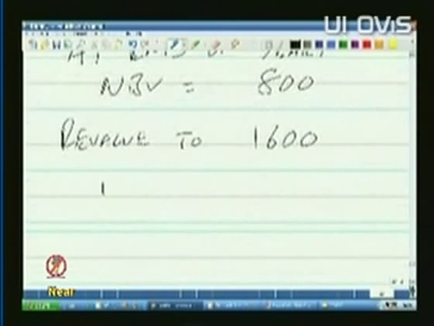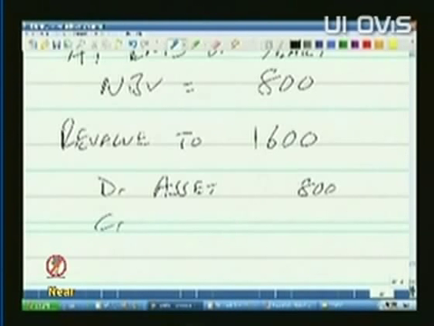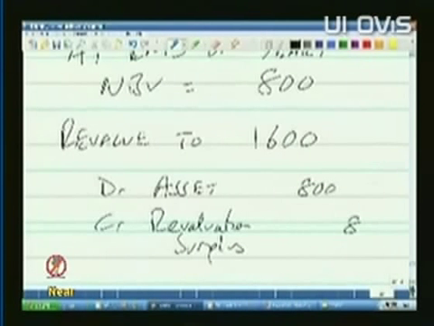So therefore I need to go debit the asset with 800, and credit, it's going above the original line, so therefore credit the revaluation surplus. Okay, so I'm increasing the carrying value of the asset, and I'm recognising it in a revaluation surplus.